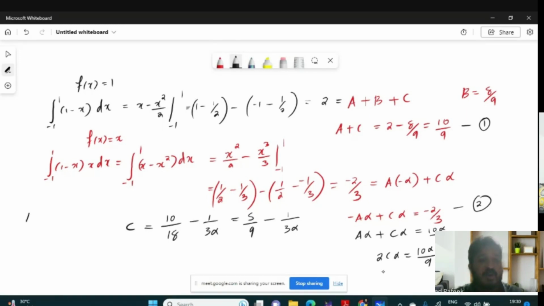Alpha equal to root 3 by 5. Root of 3 by 5. Okay, put it here. So 5 by 9, 1 by 3, reciprocal of that, root 5 by root 3. That means the value of C is 5 by 9 minus root 5 by 3 root 3.